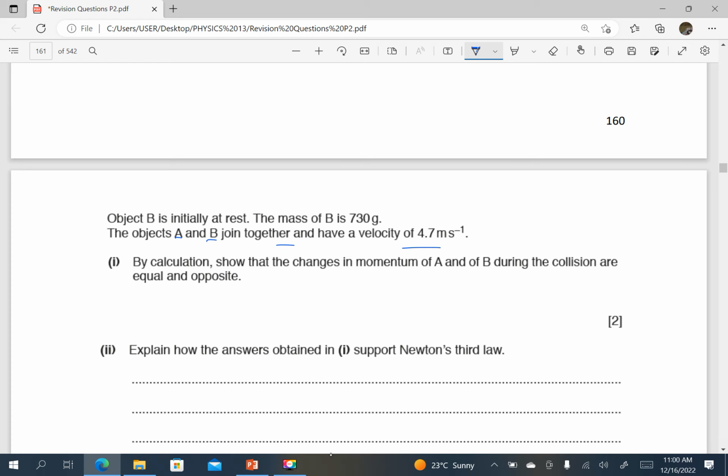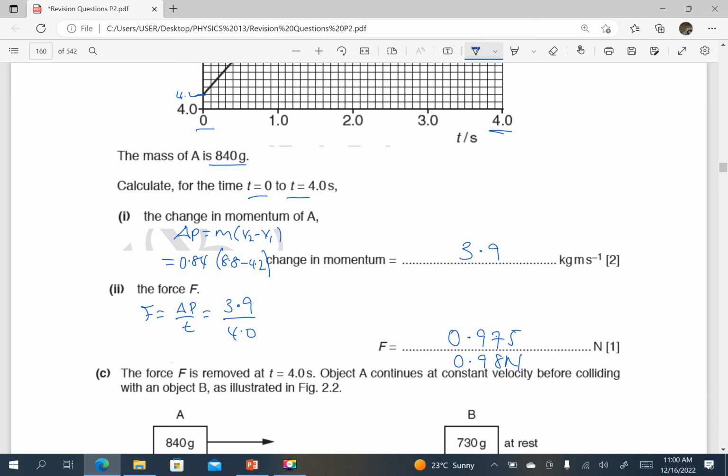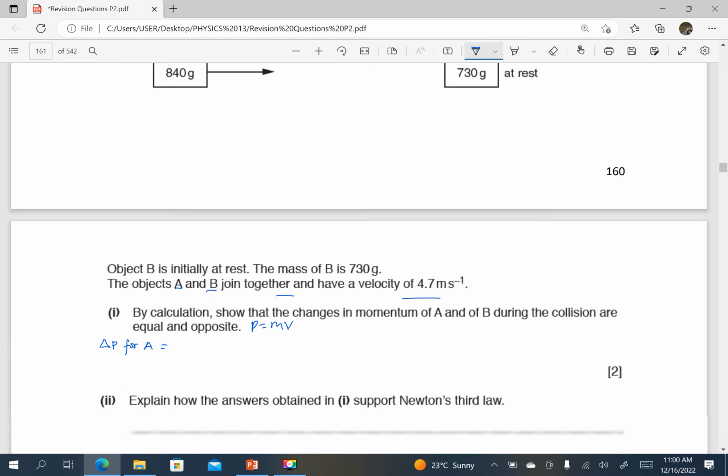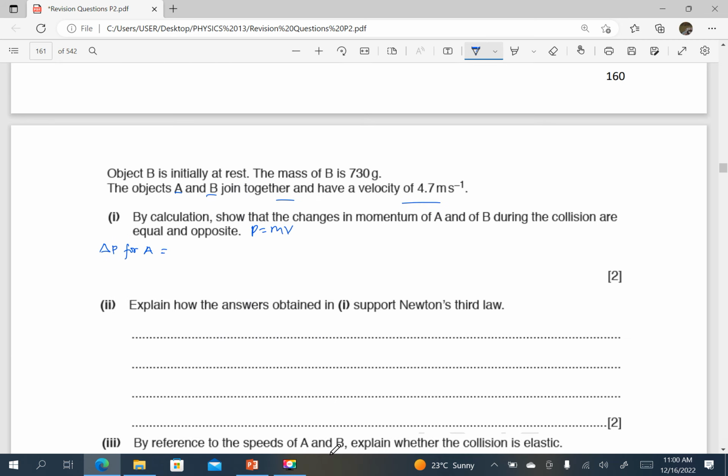They said by calculation. Let's start with A. Remember, momentum is mass times velocity, and the change in momentum will depend on the change in the velocity of a particular body. So we'll start with A. Change in momentum for A. Its mass was 840 grams, which is 0.84.